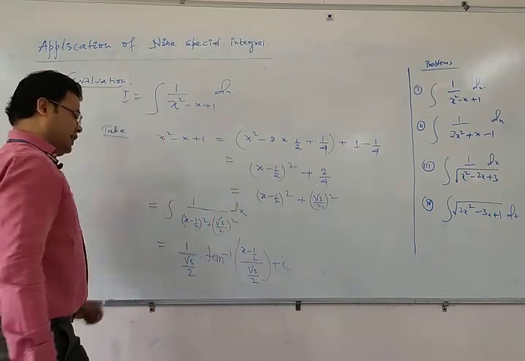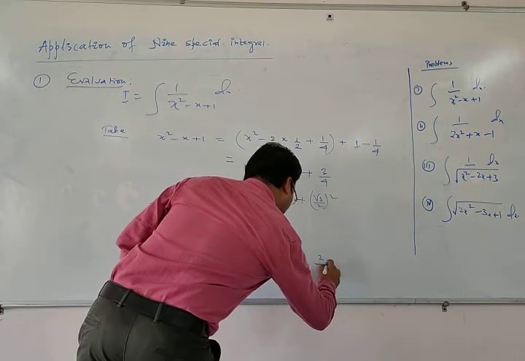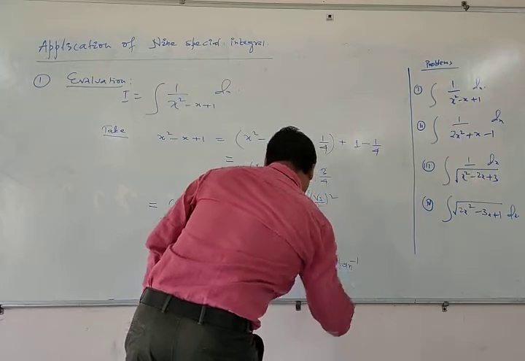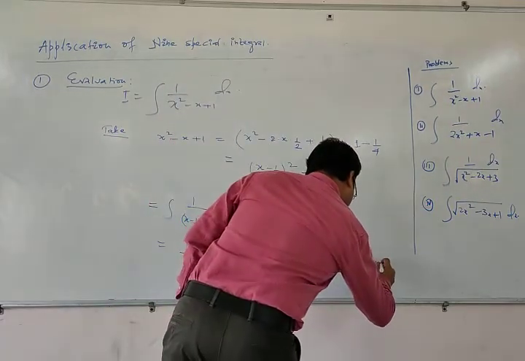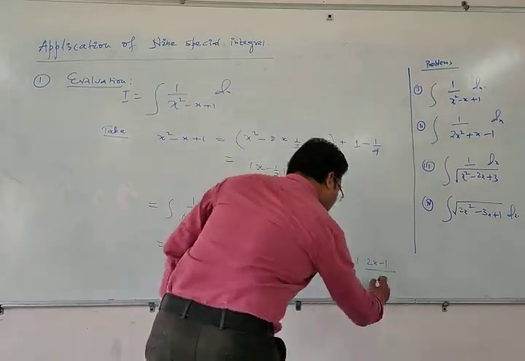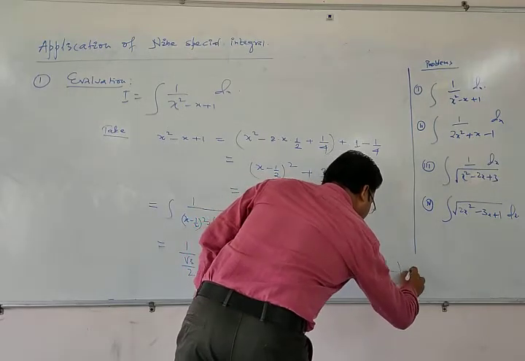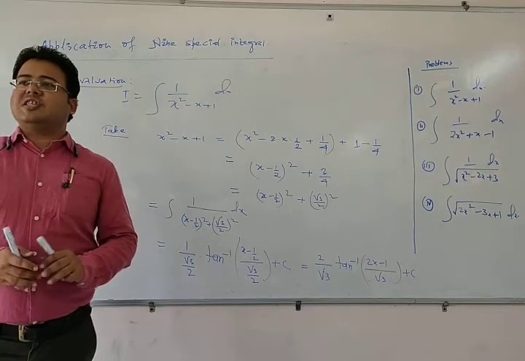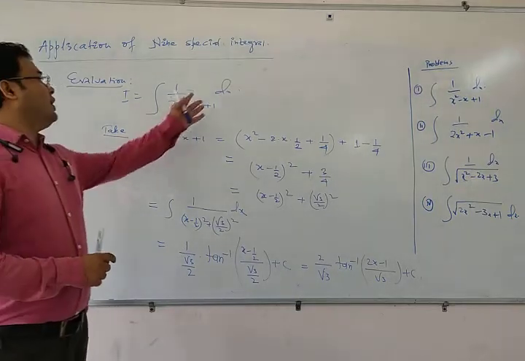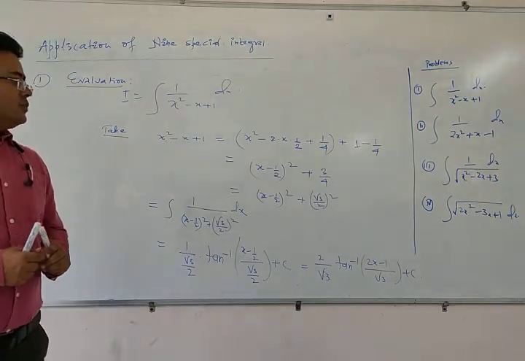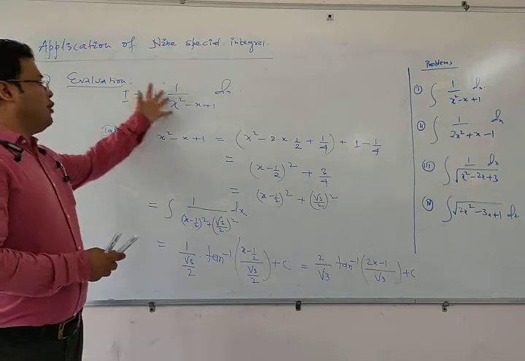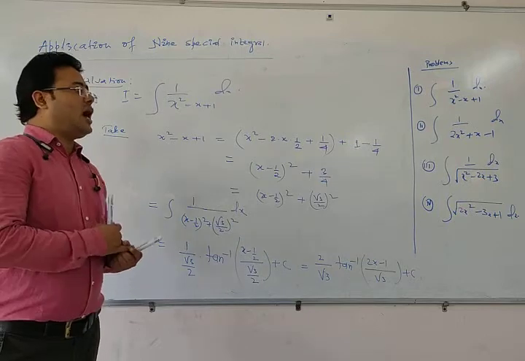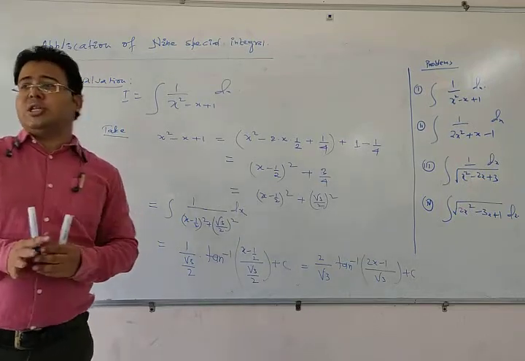On simplifying this, we will get 2 by root 3 tan inverse (2x minus 1) upon root 3 plus constant term. So students, you can get the desired integral of this given integral. So you can evaluate this type of integral. So now we are going to the next question.